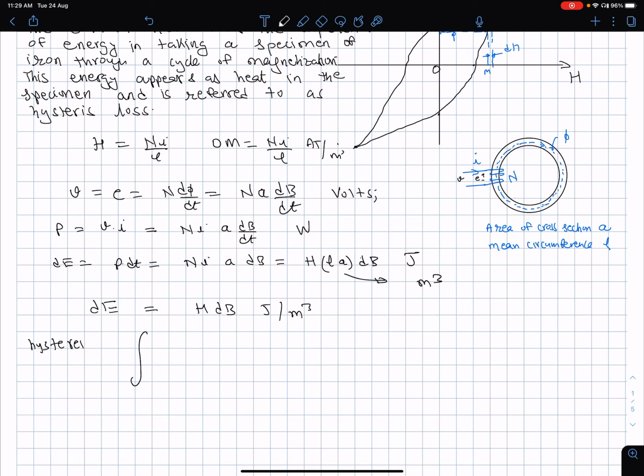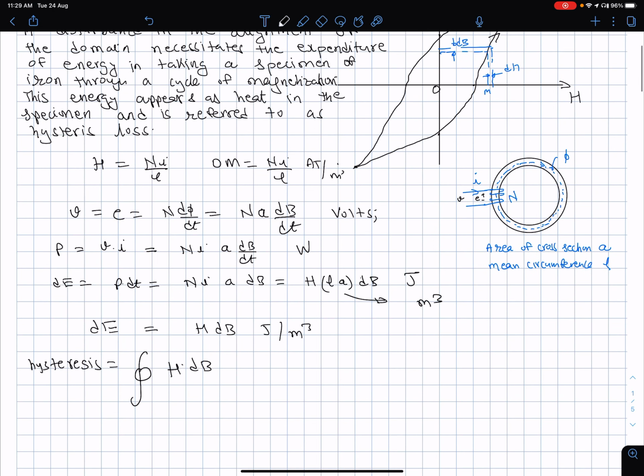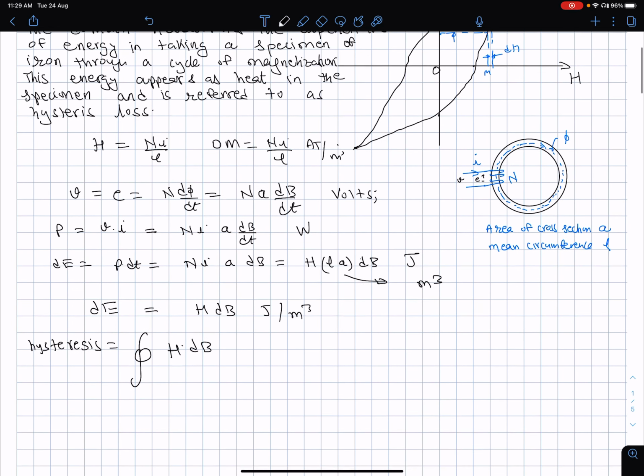Hence in a hysteresis cycle, it's a closed integral, so that's what I am showing here. The hysteresis loss is going to be so many joules per cubic meter.